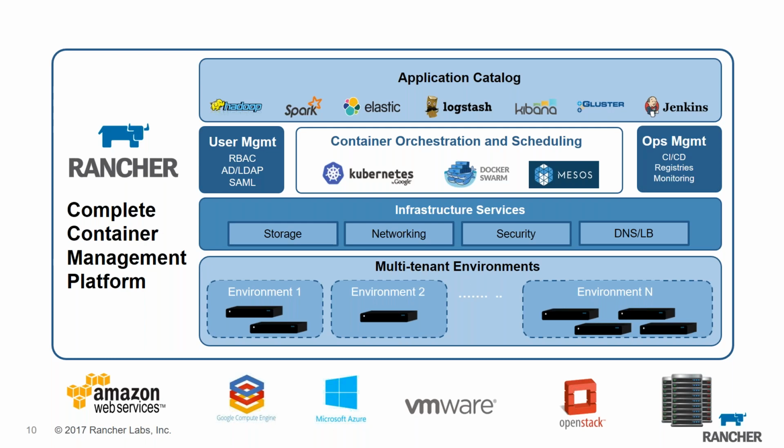You take that capacity, you group it into what we call environments, and you choose the type of orchestration you want to run in that environment. And Rancher lays in all of the management and implementation of storage, networking, security, DNS, load balancing, policies, and implementation, so that your application runs the same wherever you deploy it, whether it's a little lab in your office, or you're deploying it out at enormous scale into the public cloud.